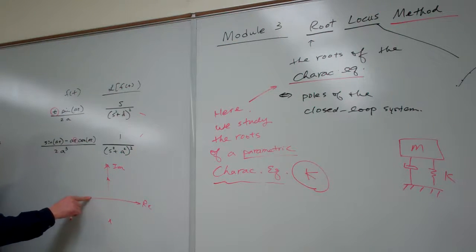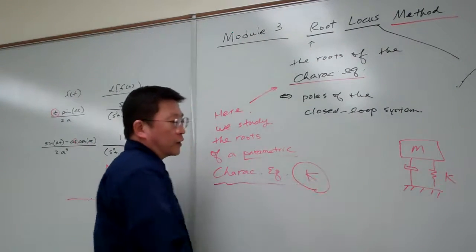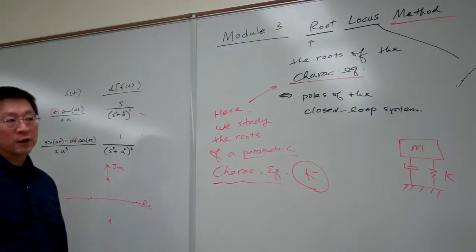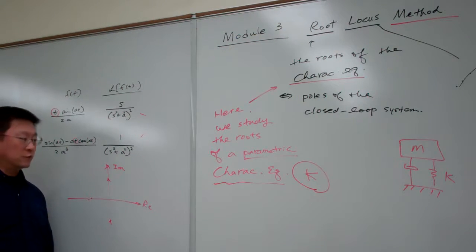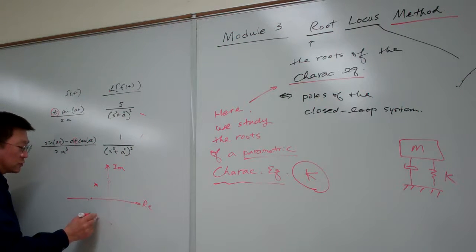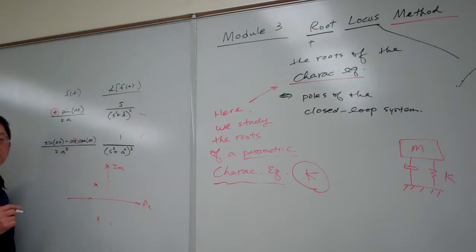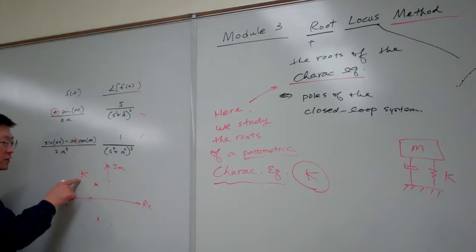For example, if you wish this system to have a certain damping ratio, or a certain vibration frequency, that corresponds to a particular location of the poles, for example here. Under this situation, there should be a very particular value of k that makes this happen.